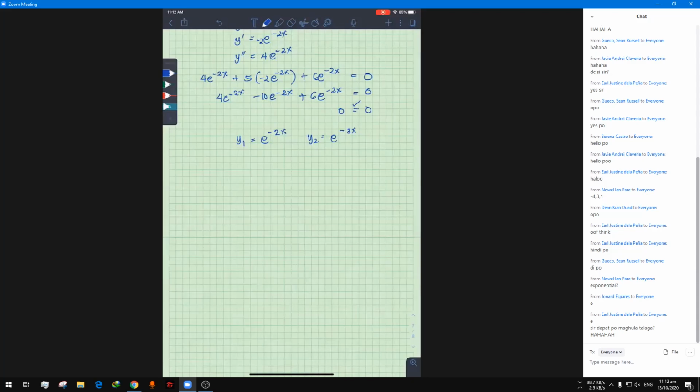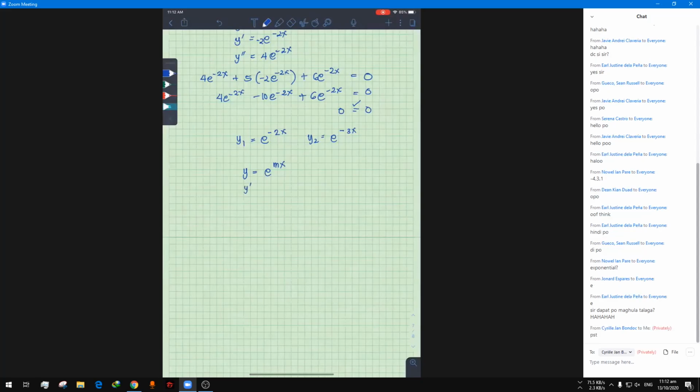So, assuming puro exponential yung mga solution, gawin ko siyang, let's say, e raised to mx. Variable siya. So ang first derivative niyan would be m e raised to mx. Tapos y double prime would be m squared e raised to mx.